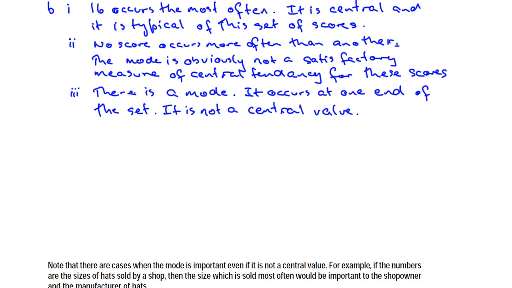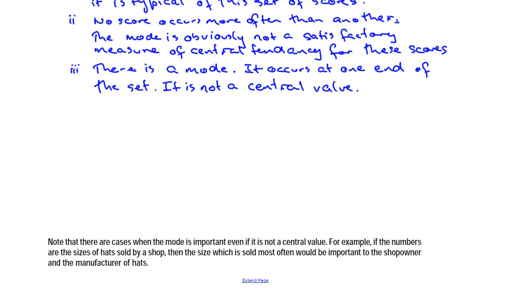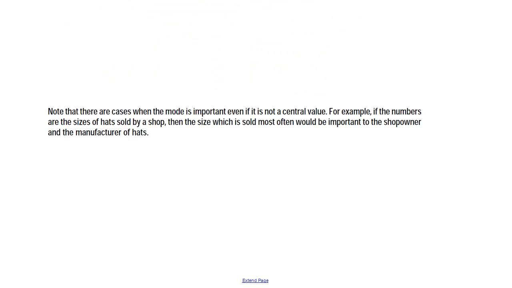Now, there's a little note you'll have a look at at the bottom of your page. So I'll pull this up a bit. There it is. It says, and I think there's a couple of important things to notice here, so I'll highlight what they are. It says, note that there are cases when the mode is important even if it is not a central value. So you can still use the mode to tell you something.